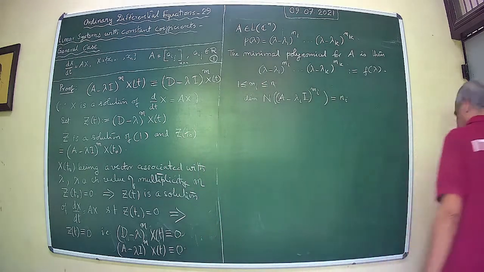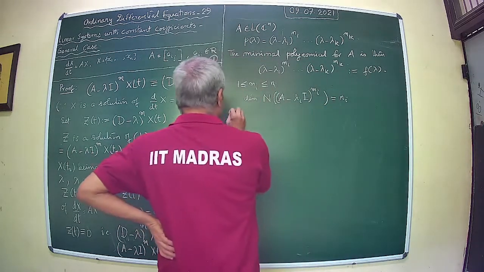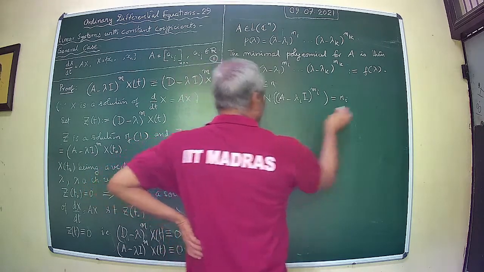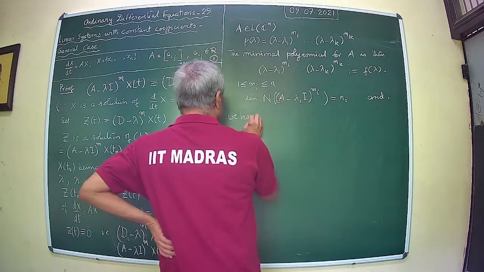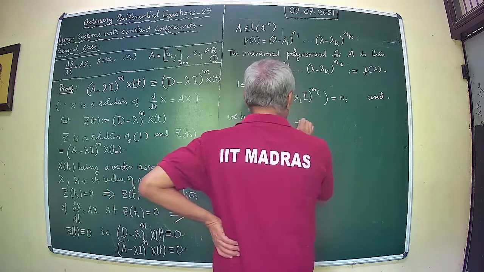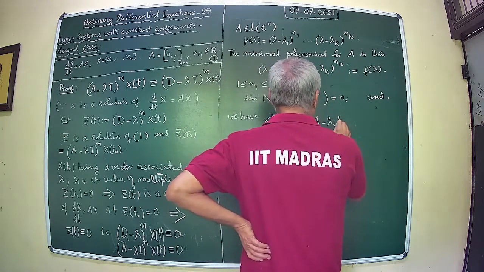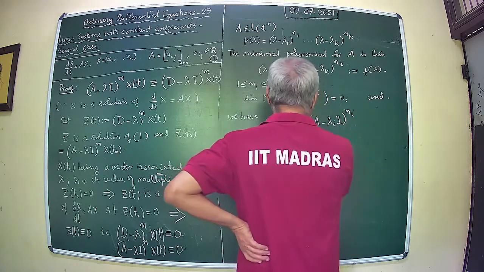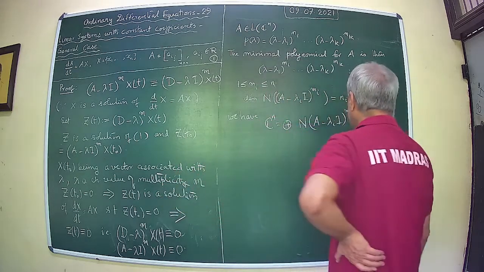Therefore, what happens is that we take and we have, and this is a direct sum.